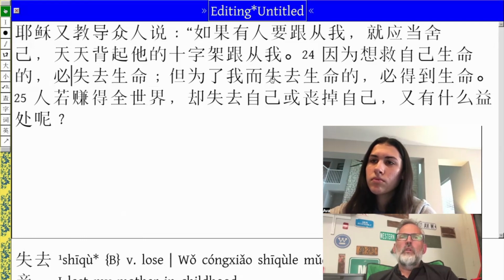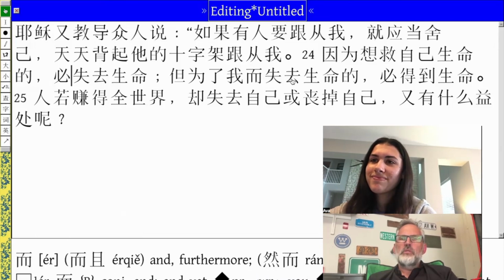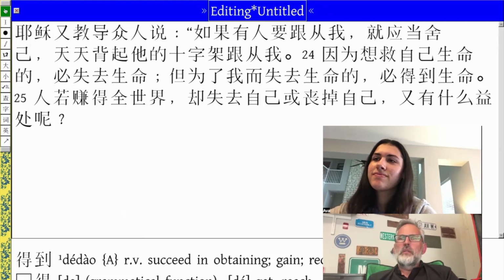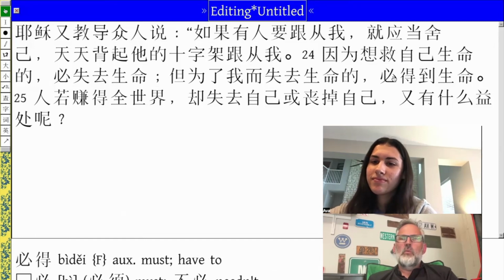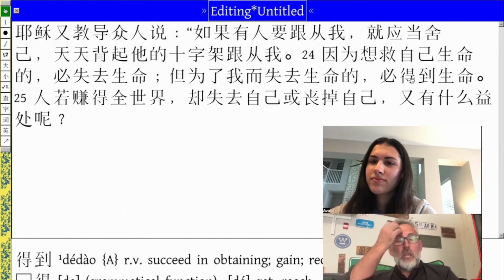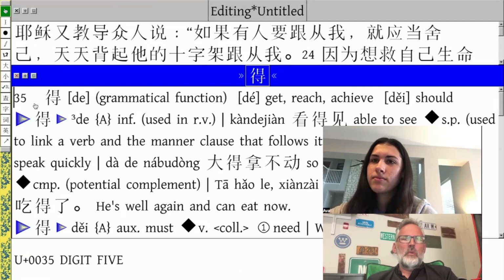But whoever is a lose-your-life-for-me person, 必得. So 必 must what? 得到. 得到 means to get something, to receive something. This 得 is very common, but it's normally used as a grammatical particle.